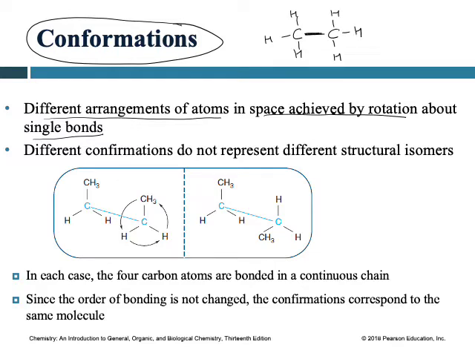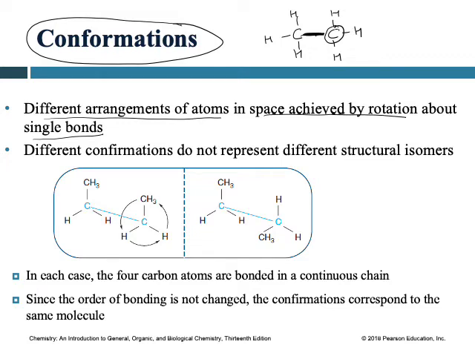This is a single bond between carbon and carbon, and it is a property of a single bond that you can rotate one of the carbon atoms across this single bond. So a single bond has flexibility.